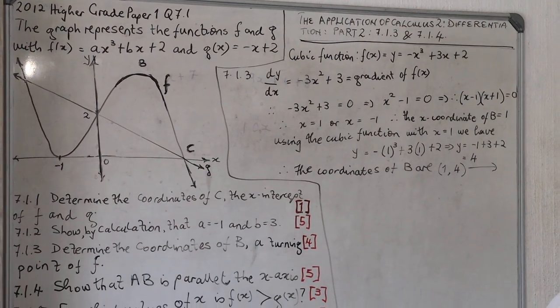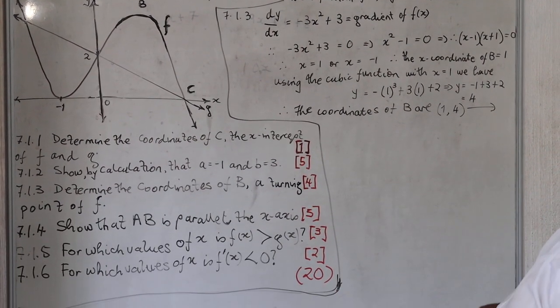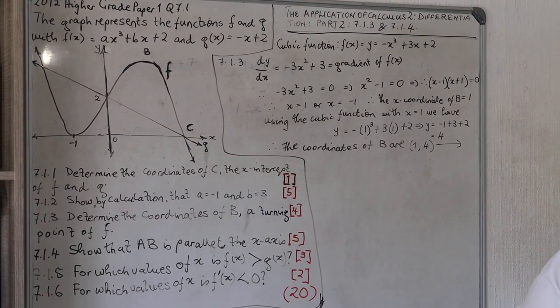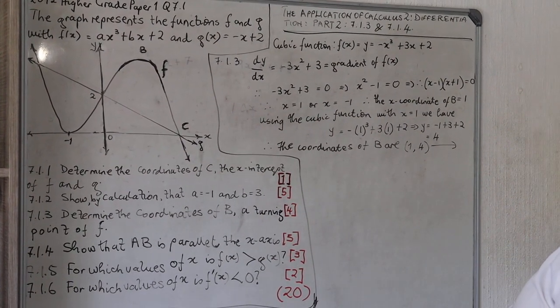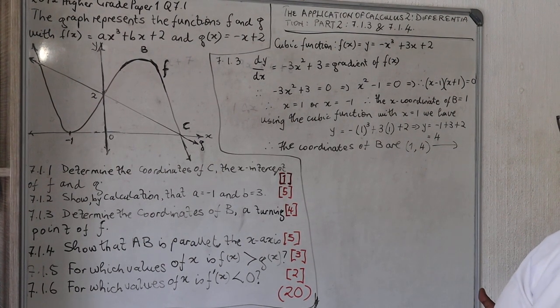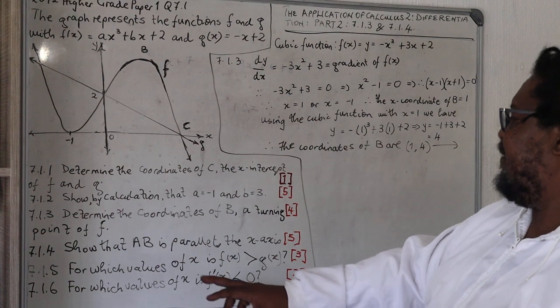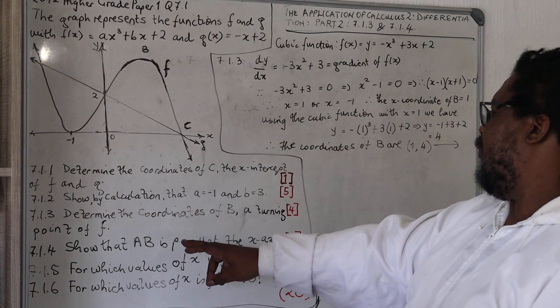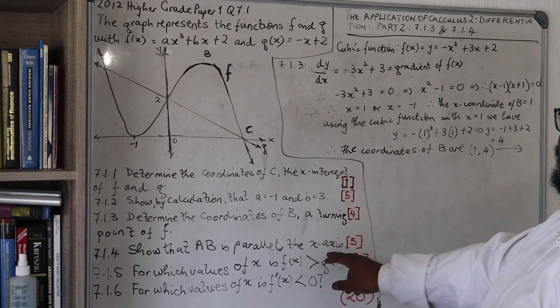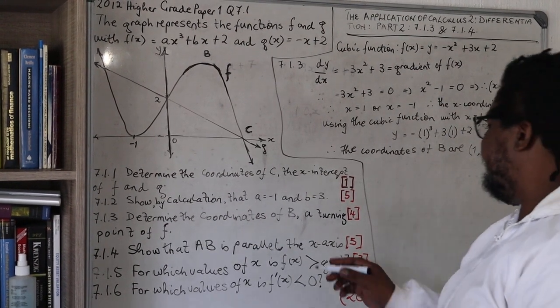And that question was 4 marks. Not very difficult, but fairly difficult. The next question is perhaps more challenging, and it says 7.1.4, show that AB is parallel to the x-axis.